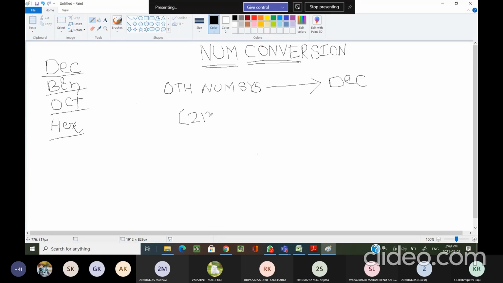213 of base 4 into decimal. 213 of base 4, this is base 4.